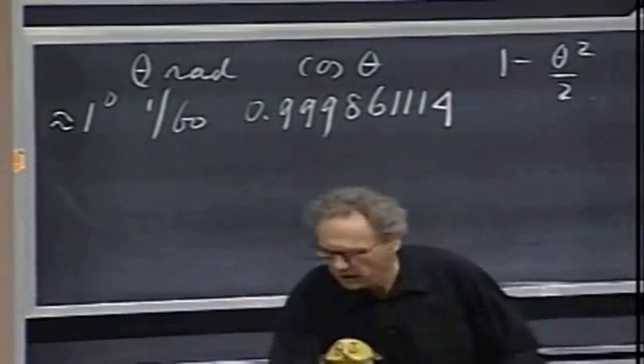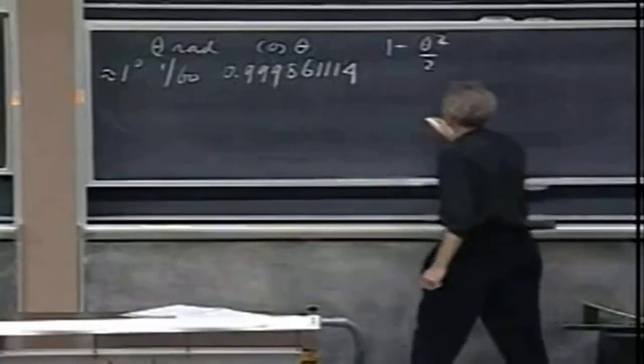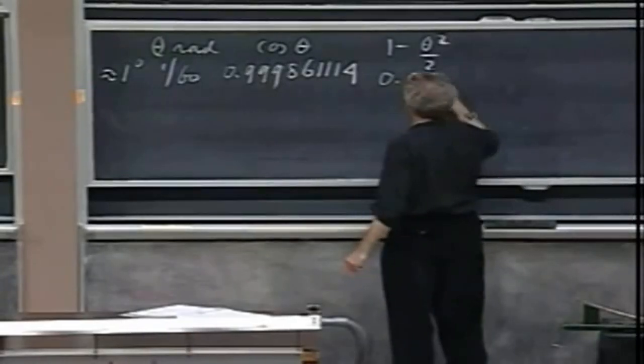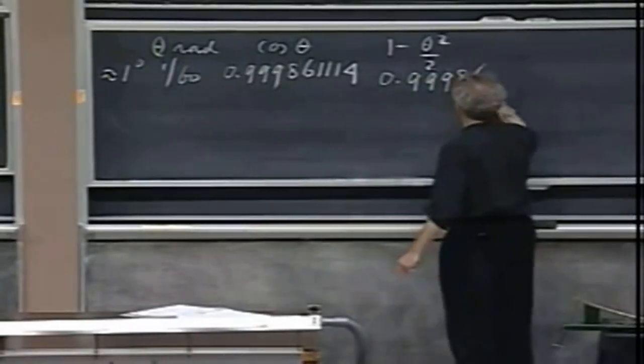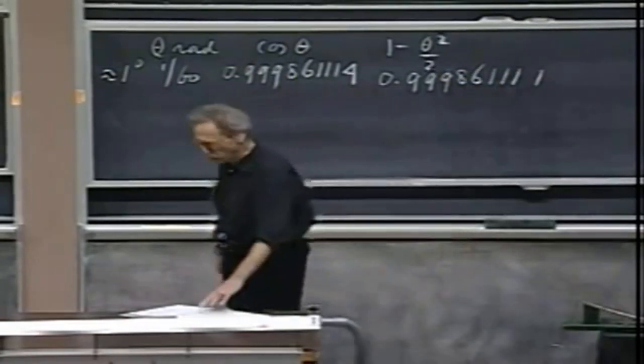I just use my calculator. Then I calculate what 1 minus theta squared over 2 is, and I find 0.999861111. That is very, very close.